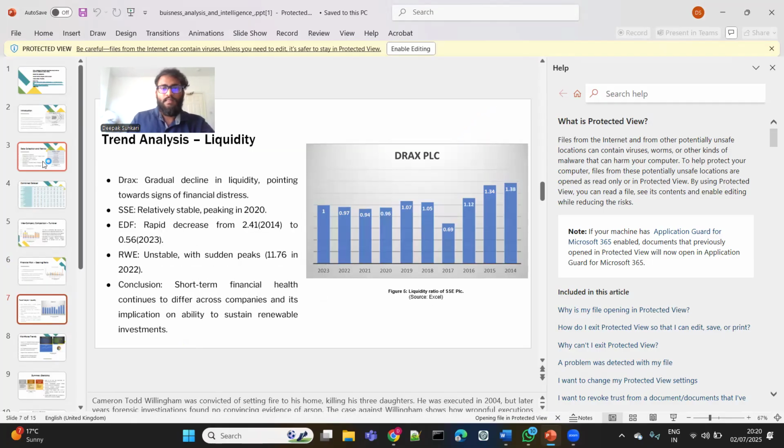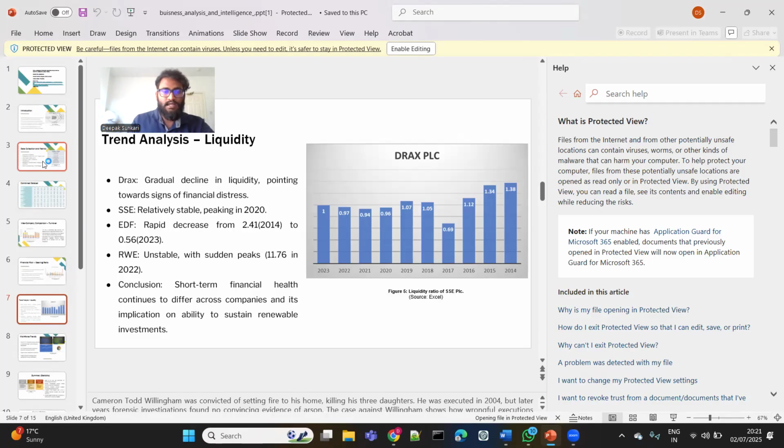Coming to the next slide, which is the Drax PLC trend-wise comparison of two companies' liquidity trend from 2014 to 2023, asset creation and profitability improvement, as shown in the figure above.